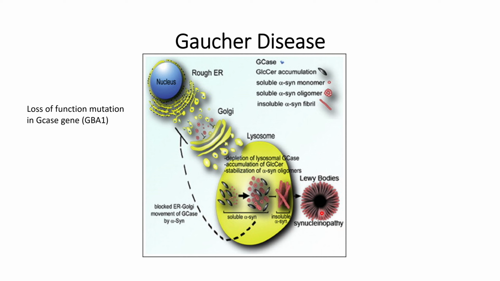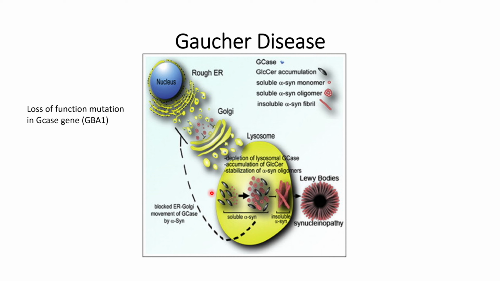There are three kinds of Gaucher disease that are classified by the researchers. Type 1 is related to Parkinson disease. In type 1, no neurodegeneration occurs. However, with age, in Gaucher type 1 disease, people might develop Parkinson disease.